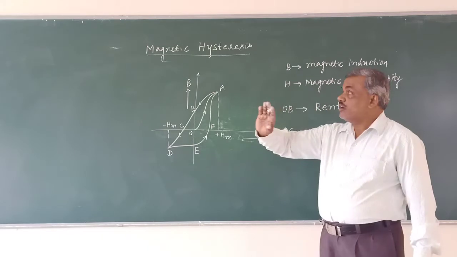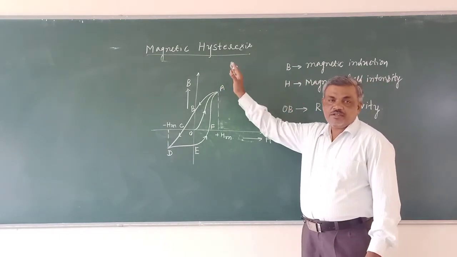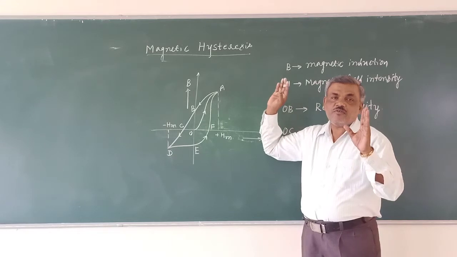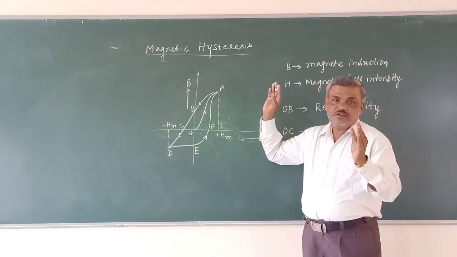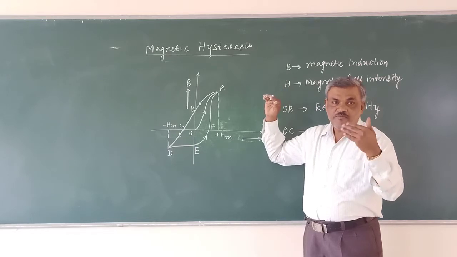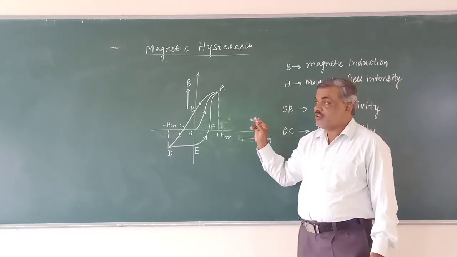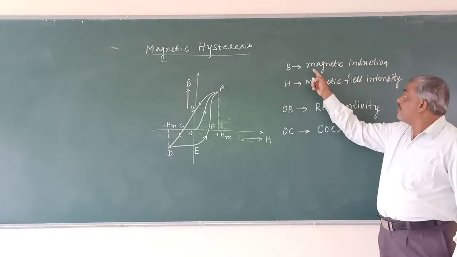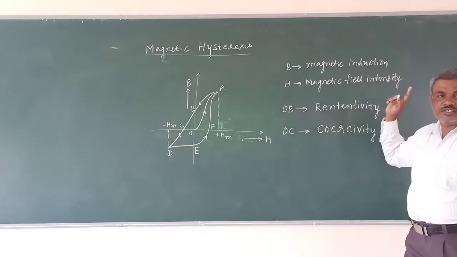Students, now magnetic hysteresis. Magnetic hysteresis is the phenomenon in which the magnetic induction within the specimen lags behind the magnetic field intensity. Here B is the magnetic induction, H is the magnetic field intensity.